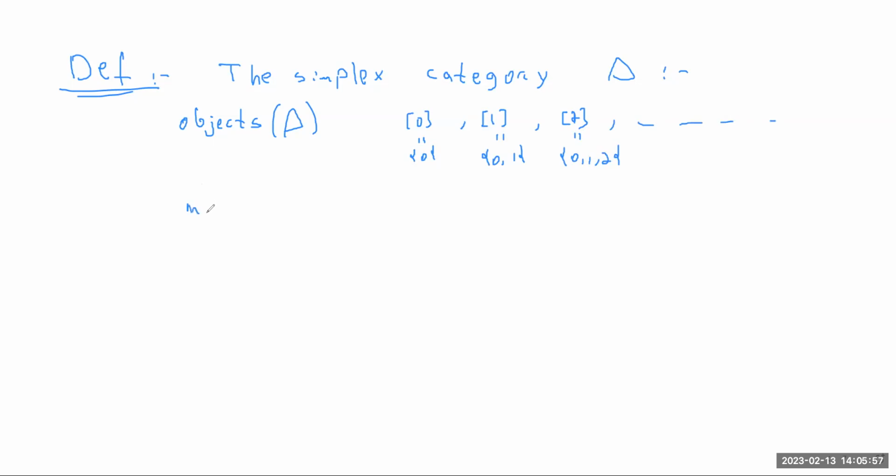And the morphisms are order-preserving maps. And one can now give an alternative definition for simplicial sets.